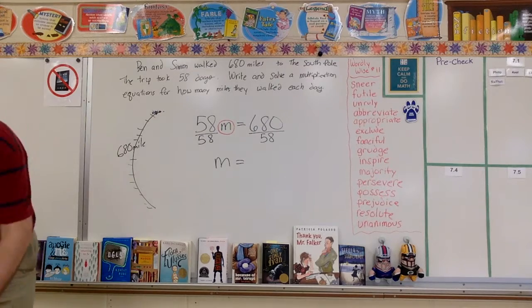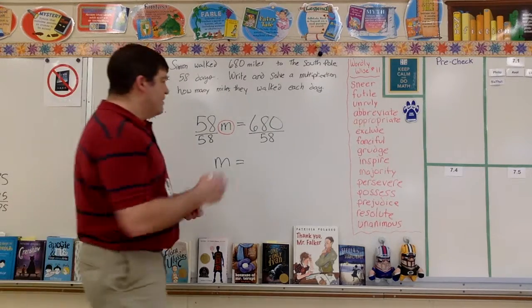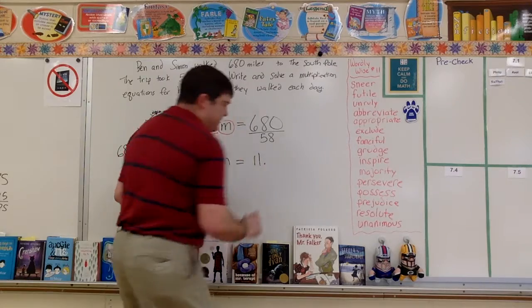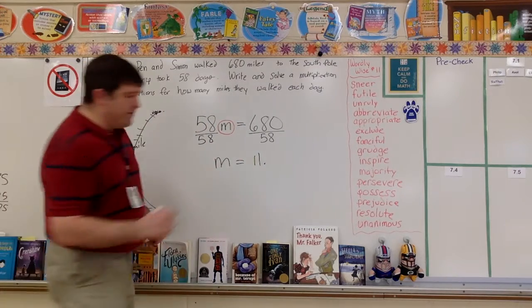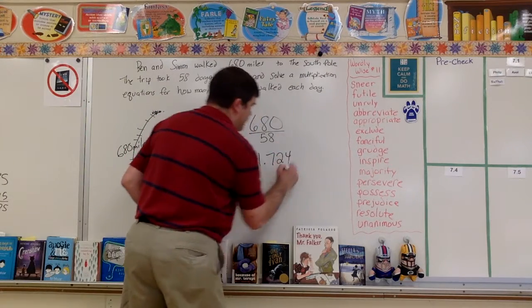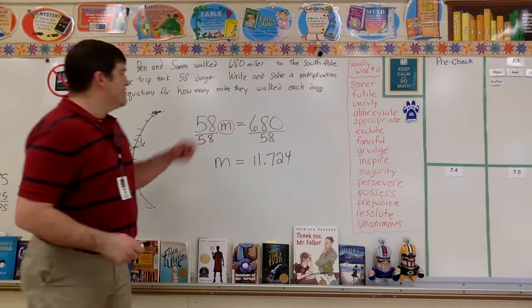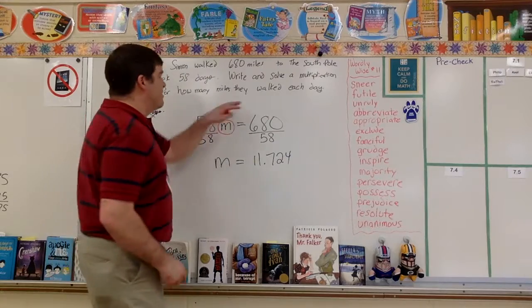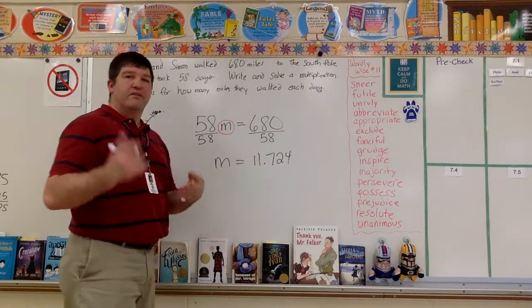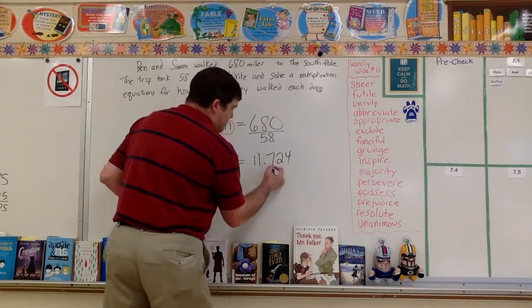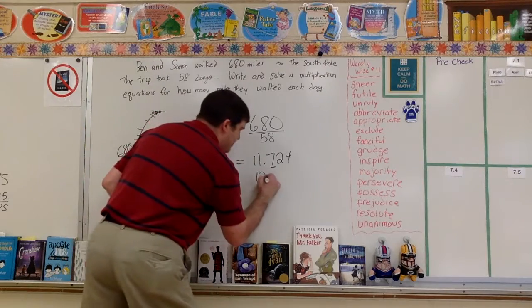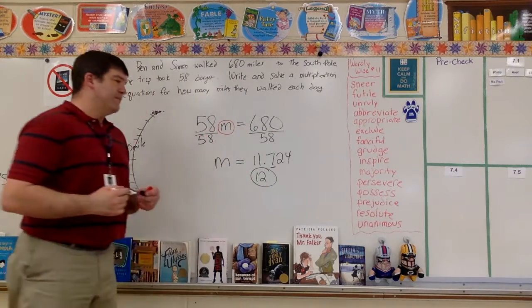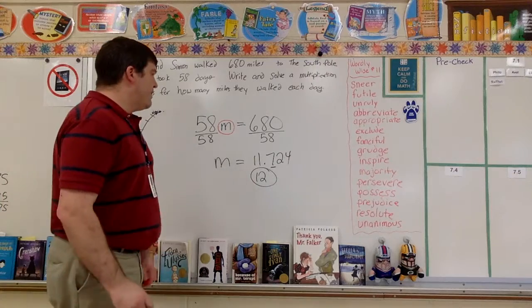Oh, it says about. Okay. What I get here is 11.724. And it says in the problem in the book, about how many miles. So I'm going to take this to the closest mile. I look here, this is a 7, so it's going to bump up to 12. So it's about 12 miles a day.